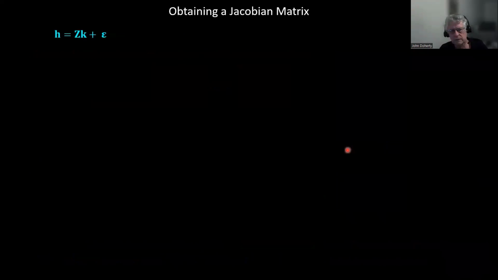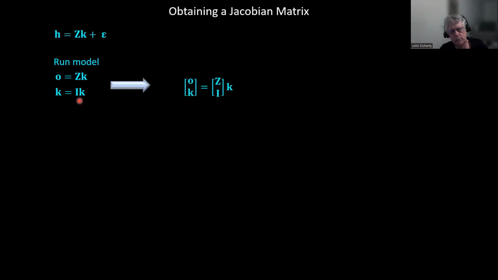So there's my fundamental equation. But if I run the model once with the parameter set K, I get a set of model outputs O. Let me add to that equation this rather obvious equation, stack them on top of each other to make a matrix equation. And now what I'm going to do is look at the covariances between parameters and model outputs.